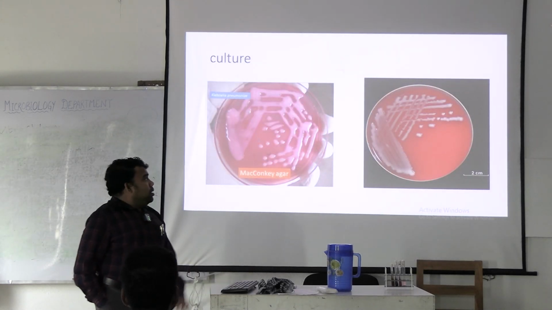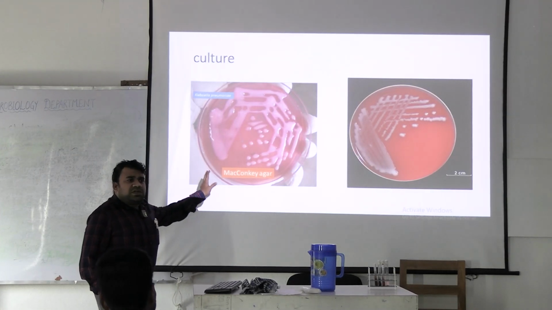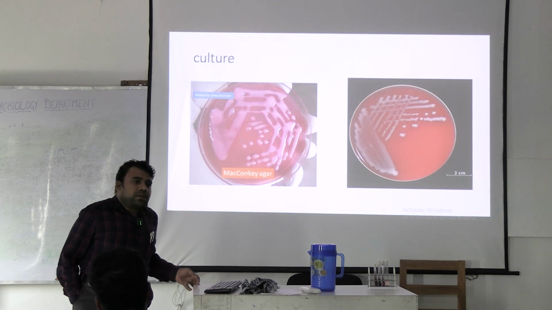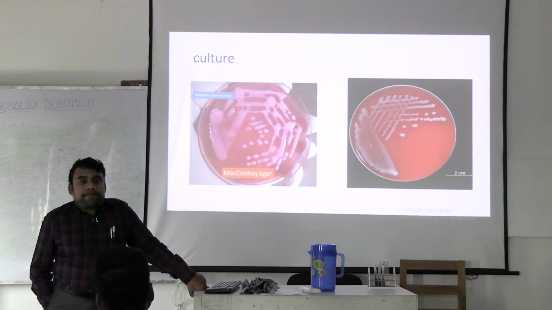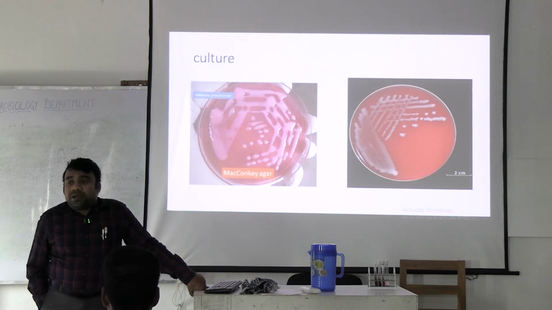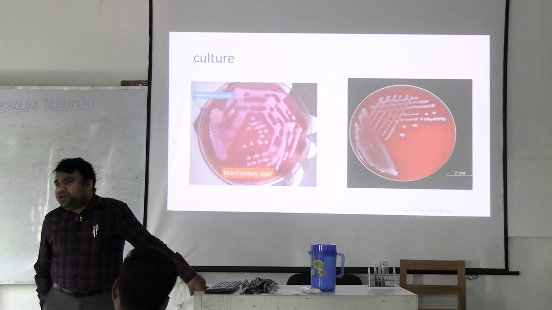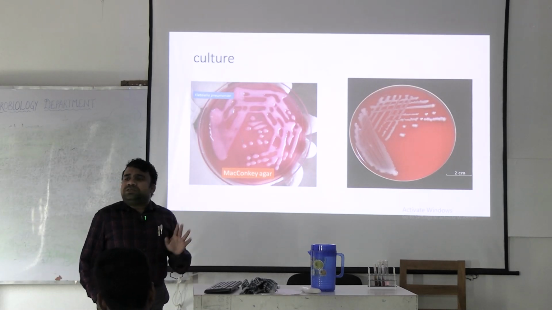Now let us look at this. Suppose this is the culture plate you have been given in your examination. So how will you proceed? What would be the first step? Yes? The first step is you have to identify the media. It could be a nutrient media, it could be a blood agar. First identify what the media is.